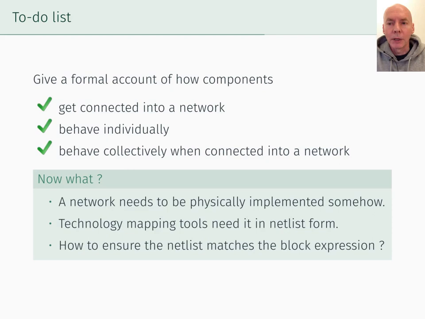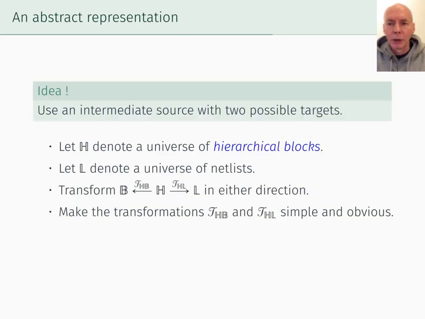Well, here's an idea. We'll use a high-level intermediate representation, call it a hierarchical block, and denote the universe of all hierarchical blocks by H. While we're at it, we'll denote the universe of all netlists by L, and then we'll have automated transformations, taking a hierarchical block either to a member of B if we want to know something about its semantics, or to a member of L if we want to ship it out to have it fabricated.